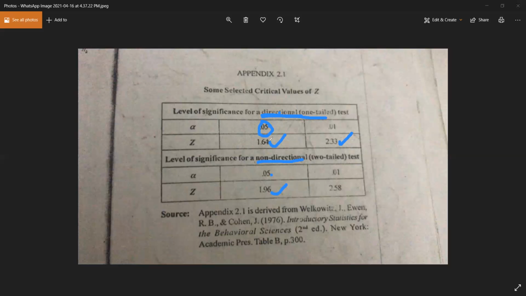So we are supposed to select this value, which is 1.64. So our critical value is 1.64. All right, let me go back to the question and continue.